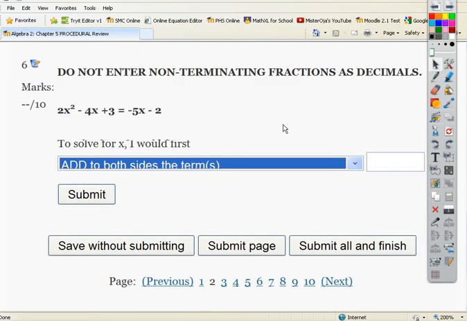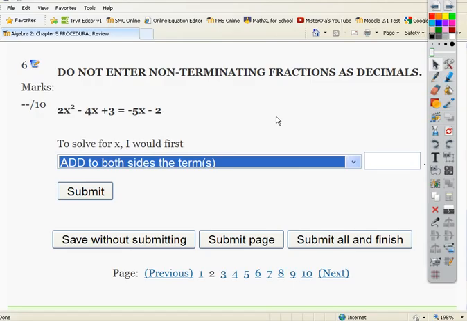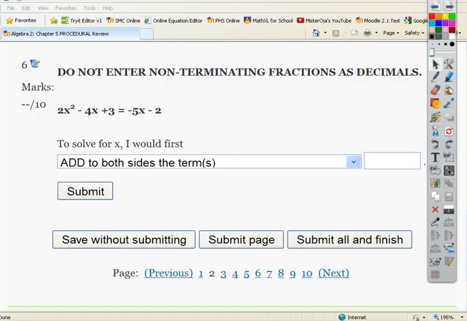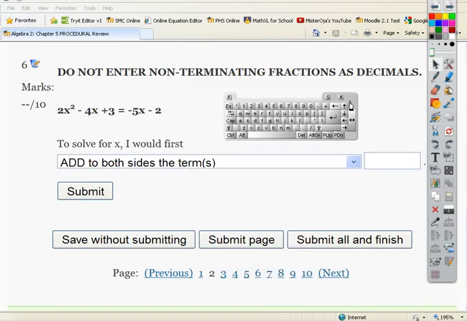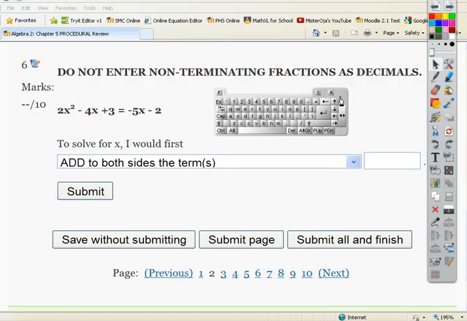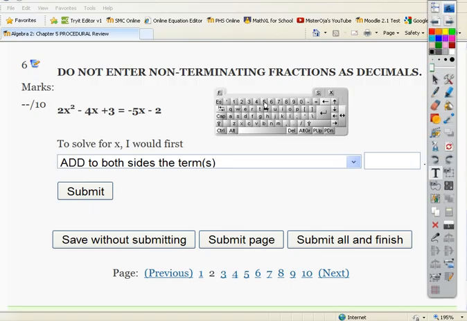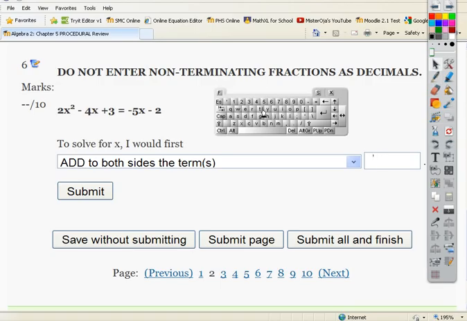So I've got to type here. Okay, so 5x plus 2. Yep.